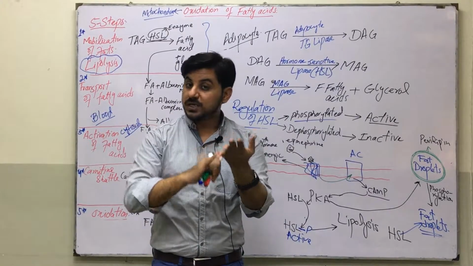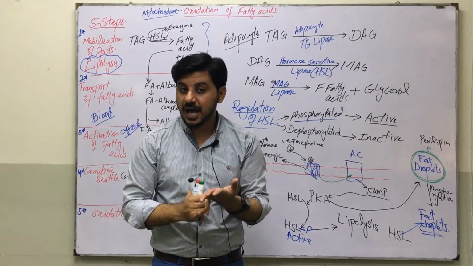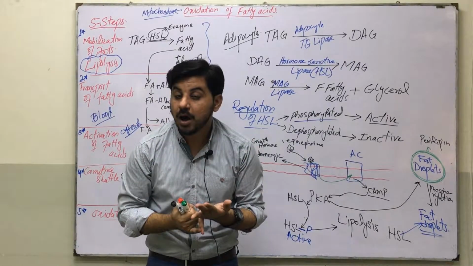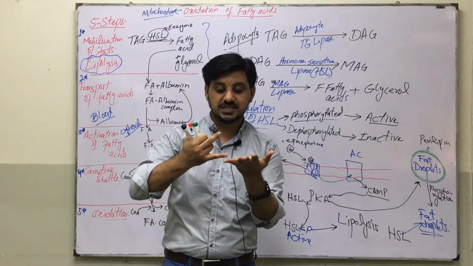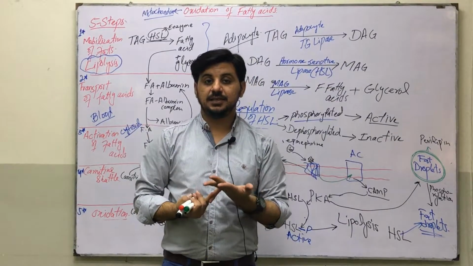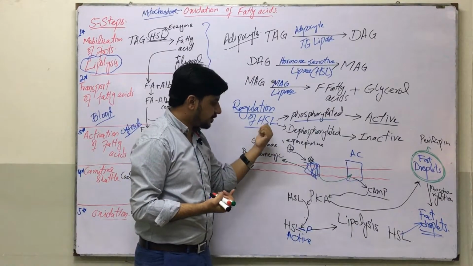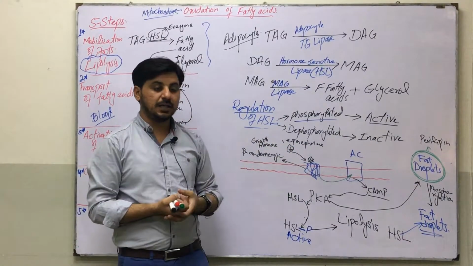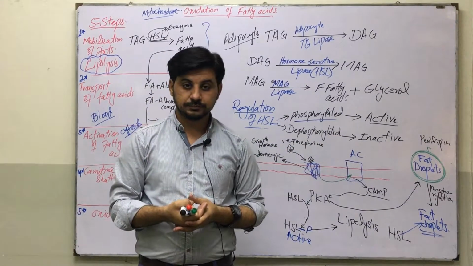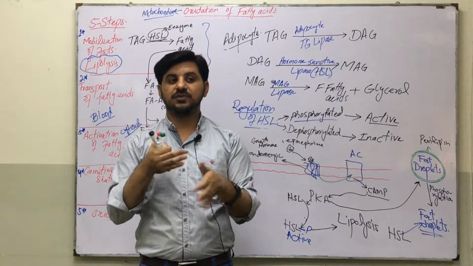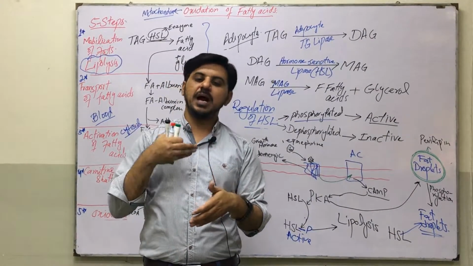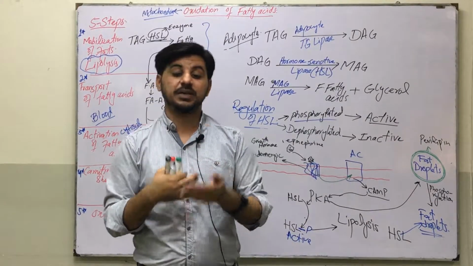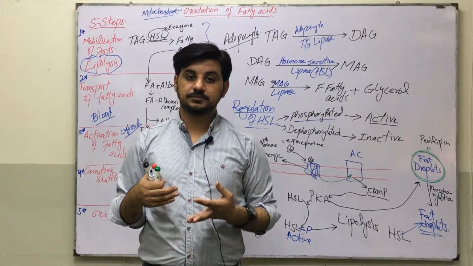Listen to me. What kind of hormones are going to activate or phosphorylate this hormone sensitive lipase? Those hormones are epinephrine, growth hormone, thyroid hormones, or glucagon, which are used whenever we are deficient in energy, deficient in glucose, or on starvation.